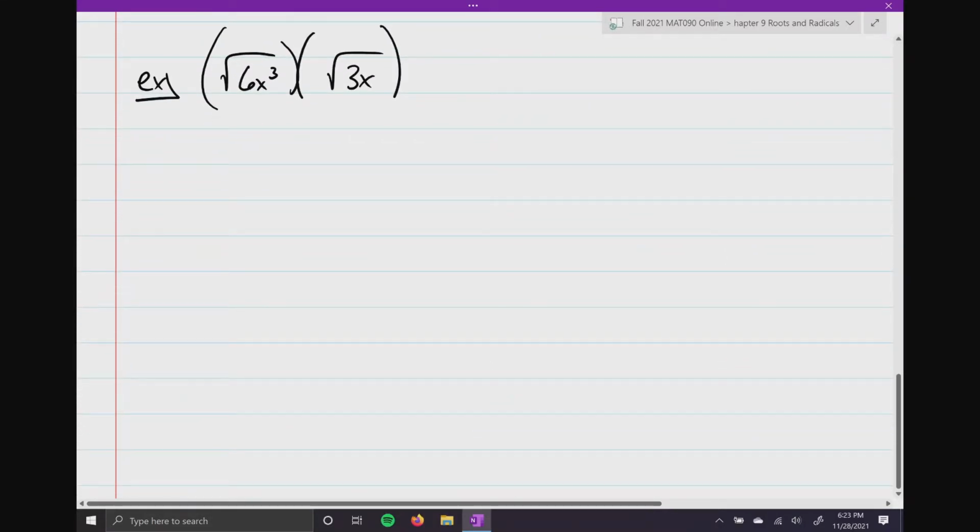So once again from here, notice that I don't have any numbers out front, so I'm not multiplying, but what I can do is rewrite this as 6x to the third times 3x underneath one big radical. Now, 6 times 3 is 18. X to the third times x to the first is x to the fourth. Now from here, remember, you got to ask yourself, can I simplify?